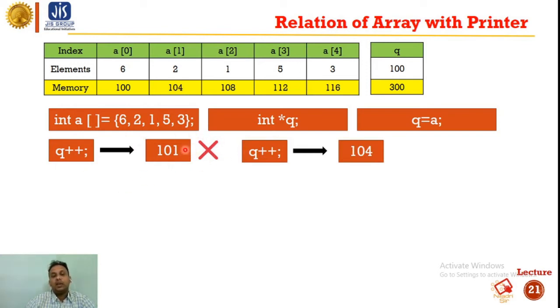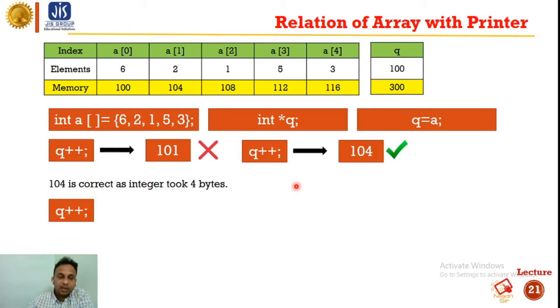As an integer takes 4 bytes of space, if q were a character pointer then 101 would be correct, but since q is an int pointer that stores the address of an integer, q plus plus will be 104. So 104 is correct as an integer takes 4 bytes.